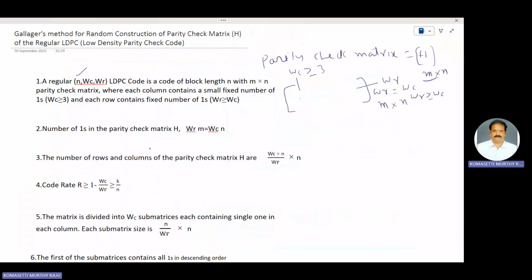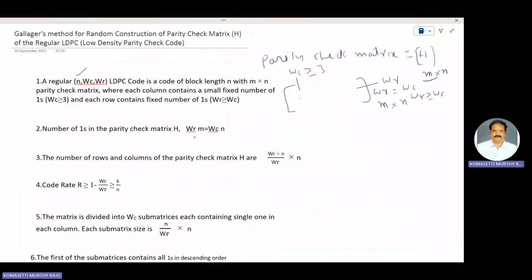The number of ones in the parity check matrix H is equal to WR into M is equal to WC into N, where WR is the row weight, M is the number of rows of the H matrix, WC is the weight of the column, and N is called the block length.